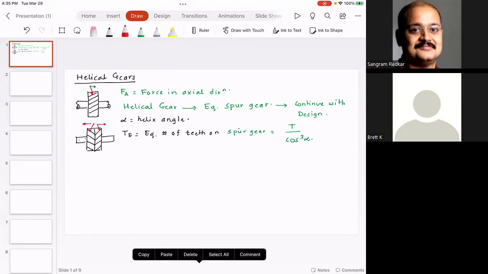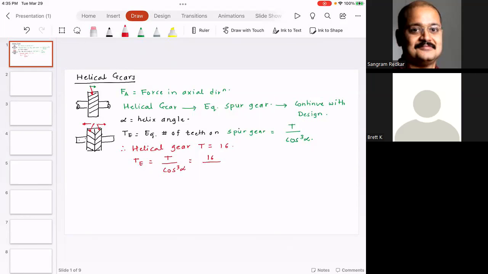So for example, if the helical gear has number of teeth equal to 16, then the equivalent spur gear would have T divided by cosine cube alpha, and say alpha is 20 degrees. So it would be 16 divided by cosine cube 20.